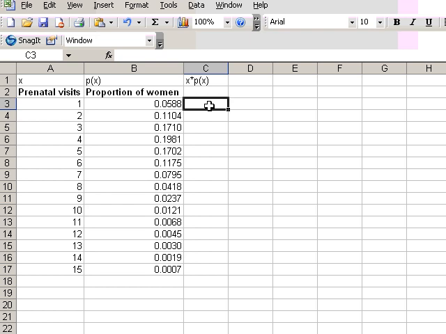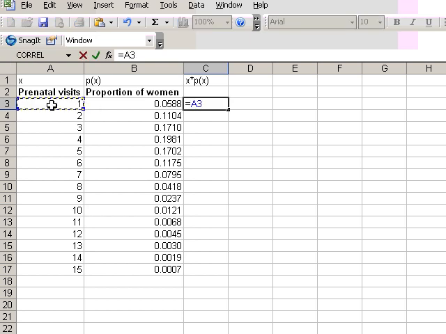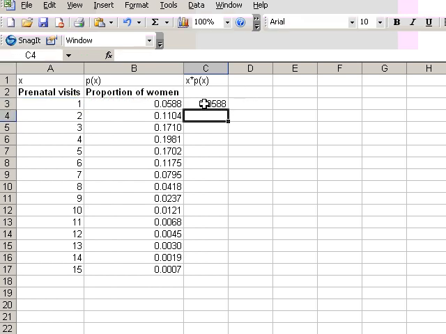The first value is 1 multiplied times 0.05, equal the first value of X times the probability of X. And when I hit enter, I get 0.058.